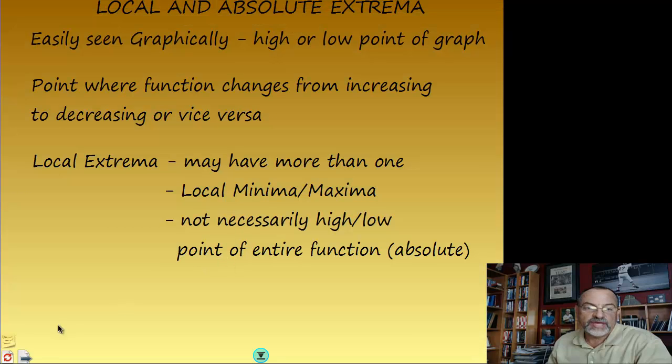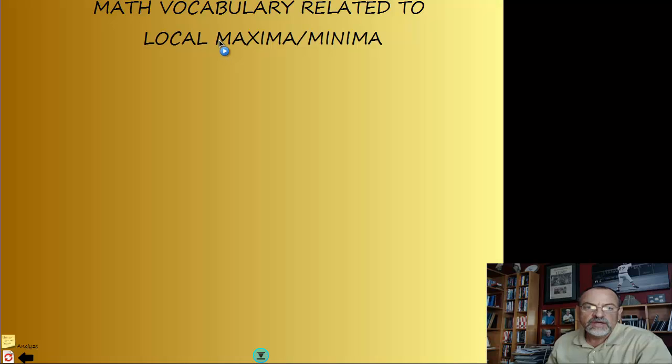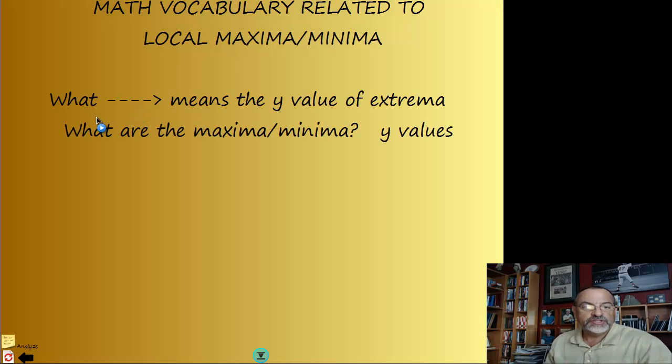Now, there is some vocabulary that I want you to be very aware of when you're doing these problems, so you know what's being asked for. When the question asks what is the maximum or what is the minimum, what I'm looking for is the y value of the extremum. That point, a maximum or minimum, has an x and a y value associated with it.